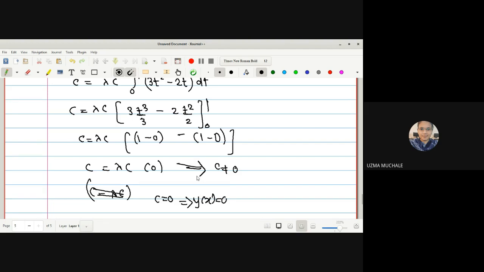So we can say now that we are not having any characteristic value and no characteristic function. Nothing is clear from this equation. So hence in the next step you can write there is no eigenvalue, or no characteristic value, and hence there is no eigenfunction or no characteristic function.